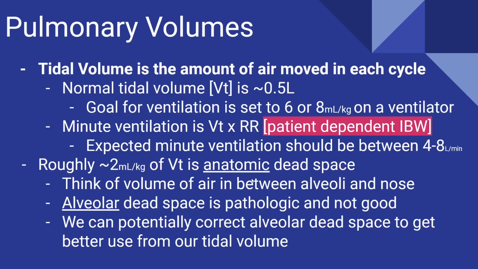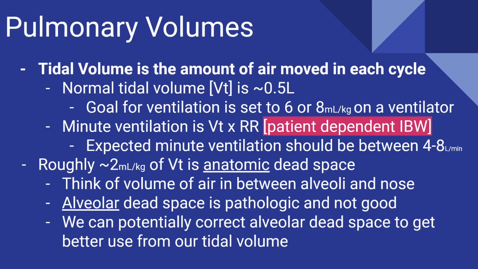Now, one thing that is important to know, and one thing that's utilized in a ventilator, is tidal volume. And that's something that we normally set. The tidal volume is the amount of air that's moved in a normal respiratory cycle. So me breathing here just now is normally between 6 and 8 milliliters per kilogram of body weight.